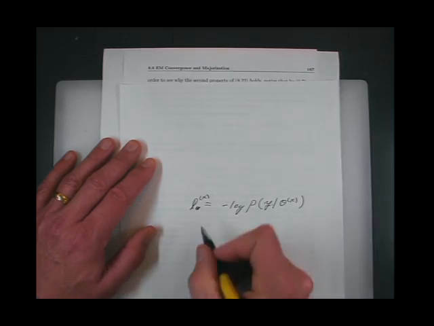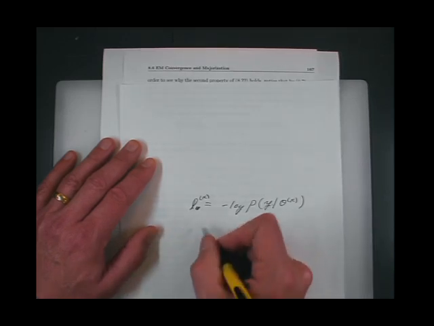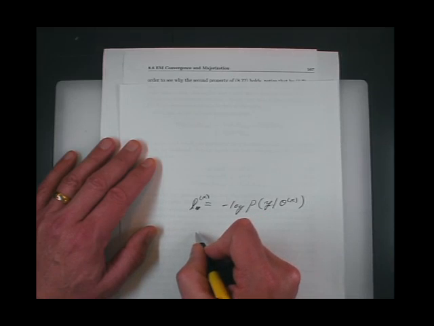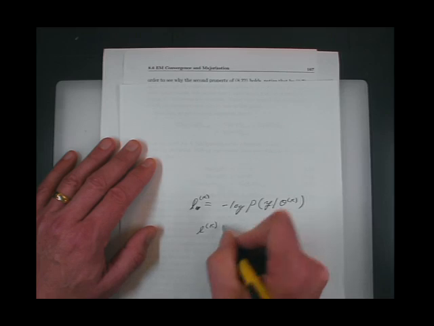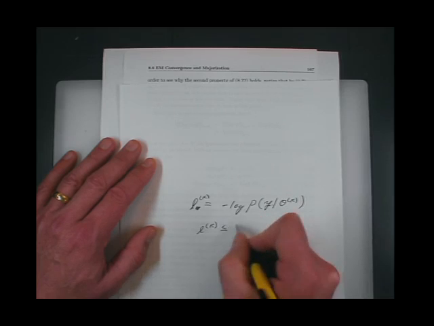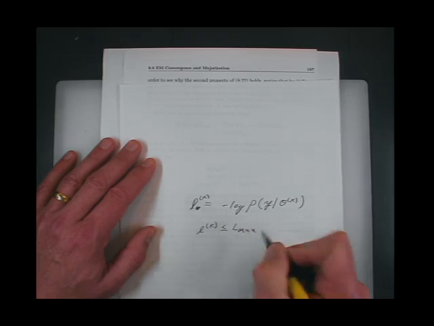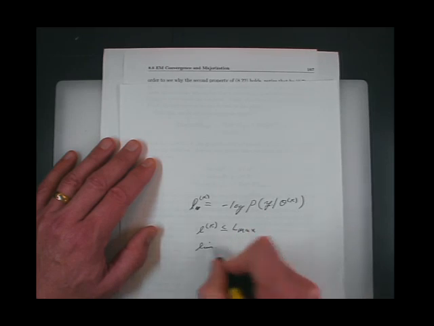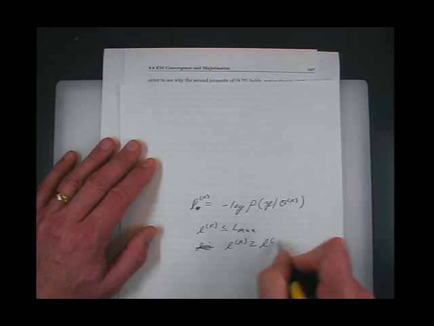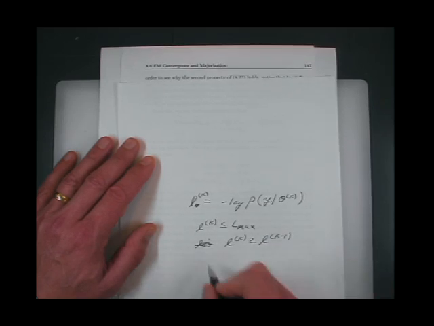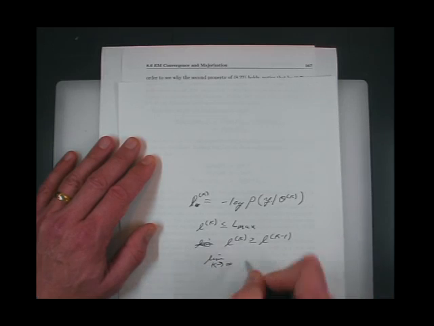And if we know that the log likelihood is bounded above, for instance, L_k is less than or equal to some L max, and we know that L_k is greater than or equal to L_(k-1), then we know that the limit as k goes to infinity of L_k has to equal some L star.